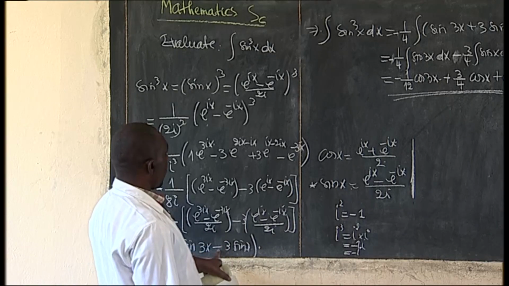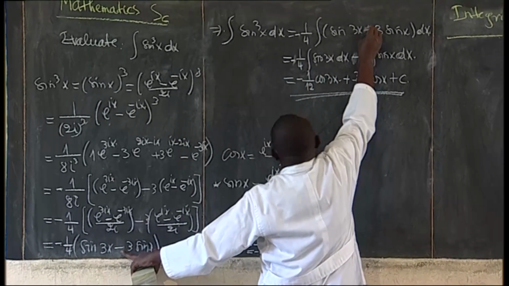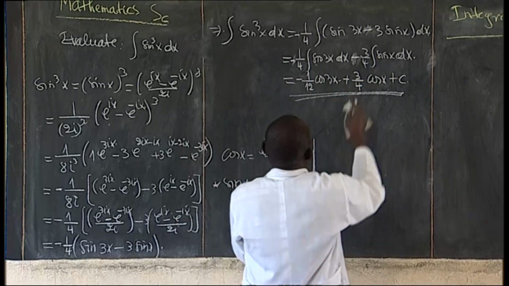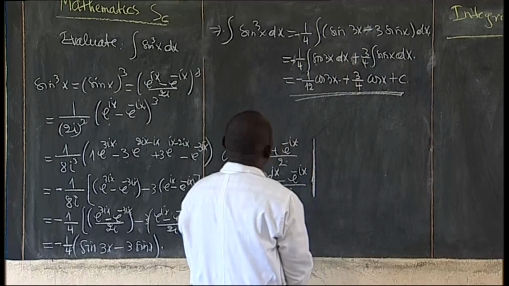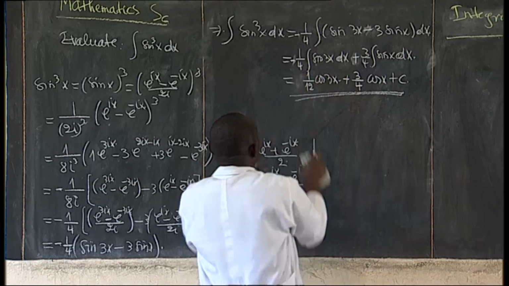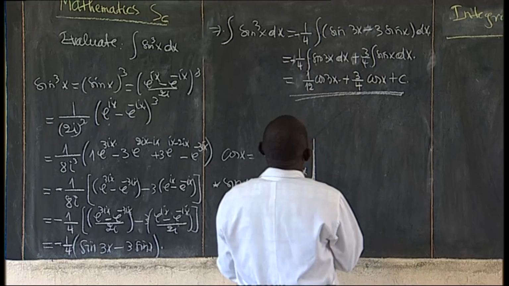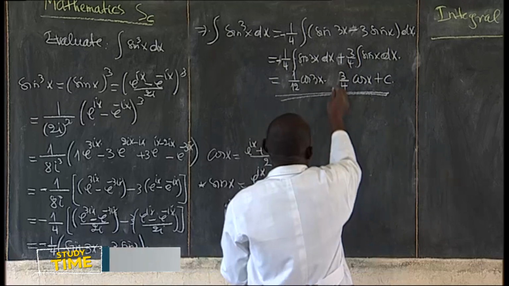And when you multiply, here it will be negative. So this is minus and positive. And then this will be positive, it will be minus cosine 3x divided by 3. And here it will be minus.